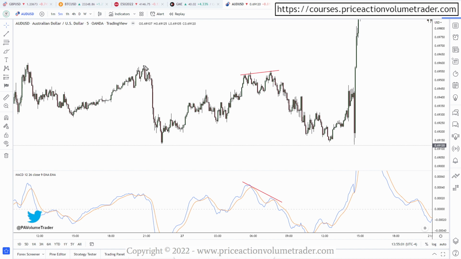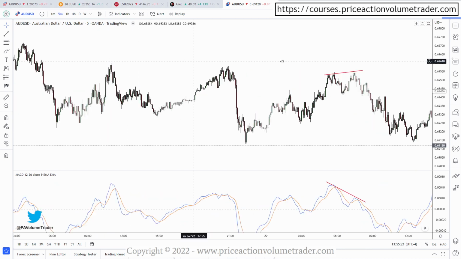Here I didn't mark this, but you can see in this case we only got 2 impulses, but we did have a divergence. So this would not have been a signal for me. If this would have come up here for a third one, this would have been very nice. But as you can see, we did not get the signal in that case.